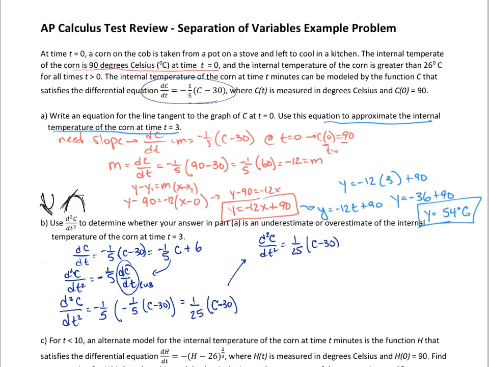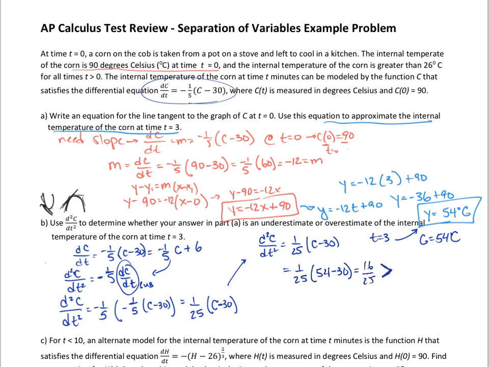And we have to take this at time t equals 3. Well, we know at time t equals 3, my temperature was 54 degrees Celsius. So we can plug these values in to determine the concavity of it. So now I'm going to say 1 over 25 times 54 minus 30, which would give me 24 over 25.